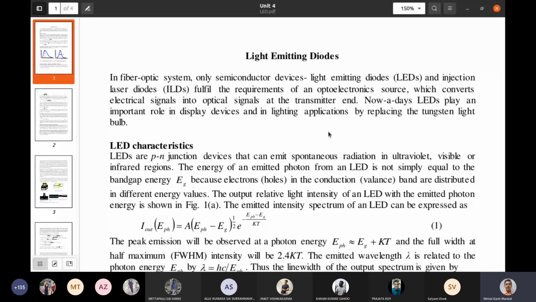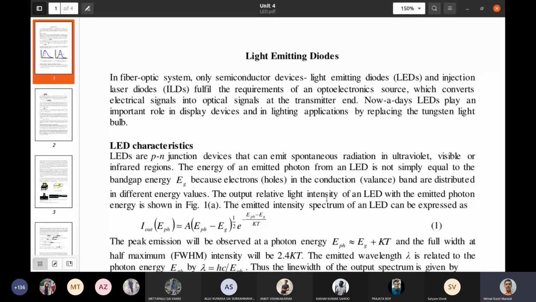The emitted photon energy is not exactly equal to the band gap energy, but somewhat greater than the band gap energy.